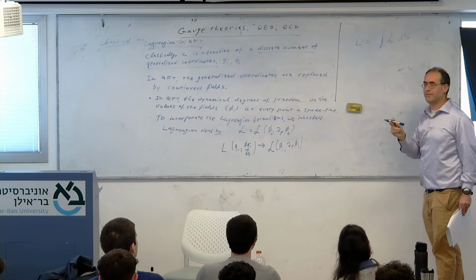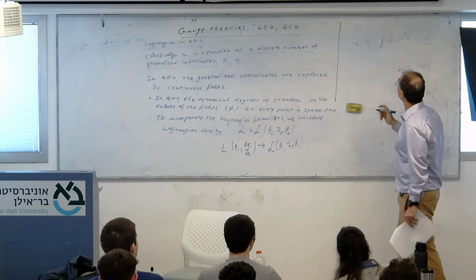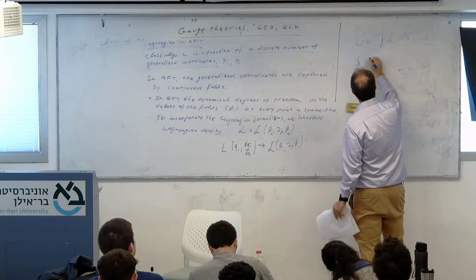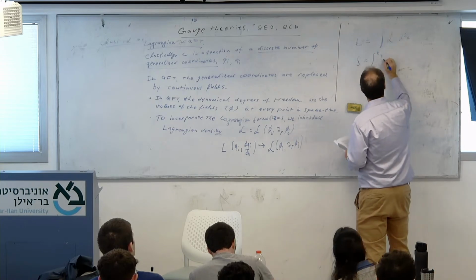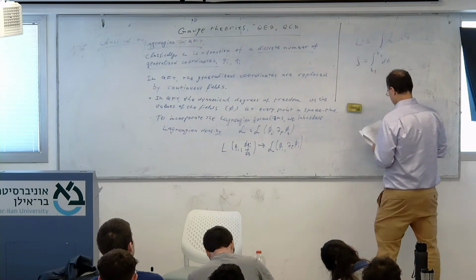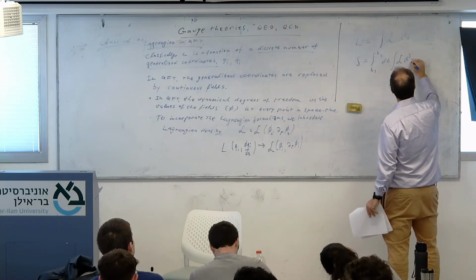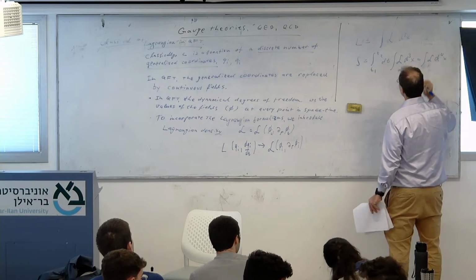Integral over entire space, right, space and time. So S is the integral from t1 to t2 of dt, integral of curly L d cube x, which is simply the integral of curly L d4x.